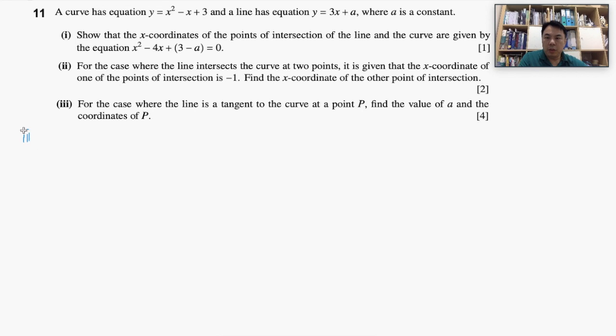For the case where the line is a tangent to the curve at the point P, find the value of a and the coordinates of P. If they are tangent to each other, we refer to this one more time. If they are tangent, it means the discriminant must be equal to 0.